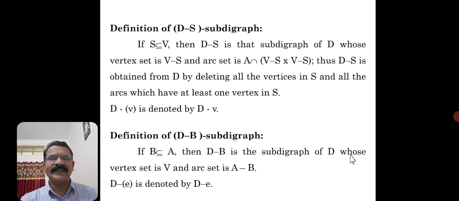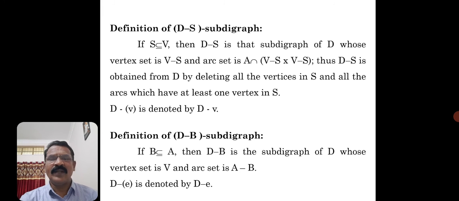So thus D minus S is obtained from D. In the graph theoretic way, D minus S is obtained from the digraph D by deleting all the vertices in S. Very simple. Whatever elements are there in S, you have to delete.